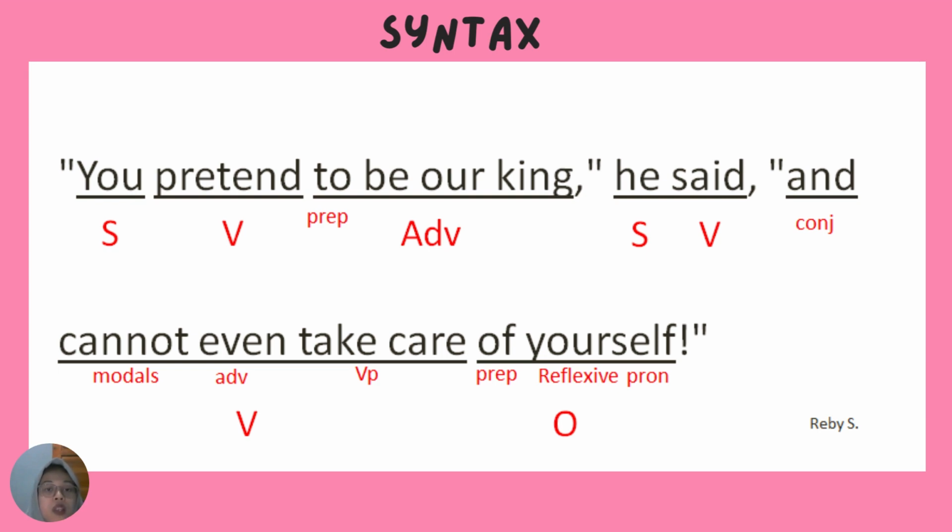To preposition, be our king noun. He said subject, he subject, said verb, and conjunction, cannot even take care, this is a verb phrase, consists of modal, even as adverb, take care, this is a verb, and of yourself, this is object.